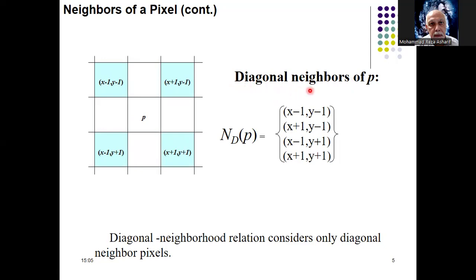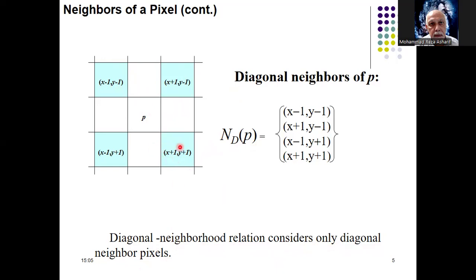The diagonal neighbors of P are these four. We have two diagonals, so four members: X minus 1, Y minus 1 to X plus 1, Y plus 1. Because it's diagonal, we call it ND(P). The diagonal neighborhood relation considers only diagonal neighbor pixels.